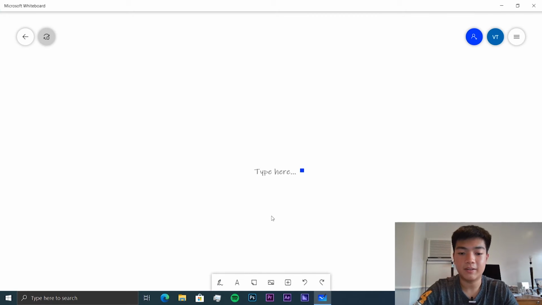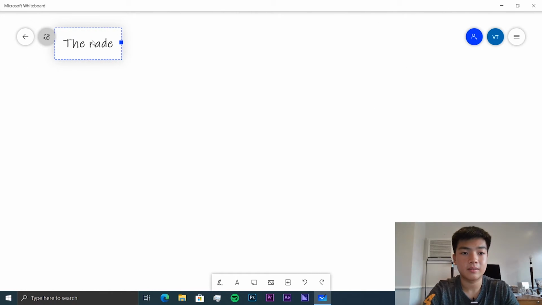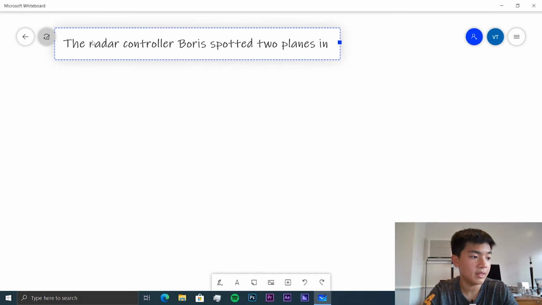And then on to the final question, and that one is: the radar controller Boris spotted 2 planes in the air.